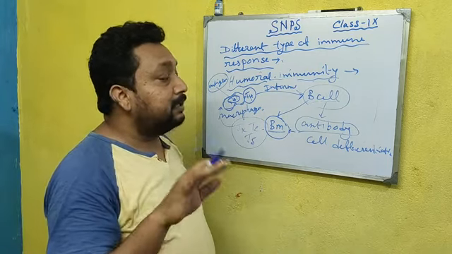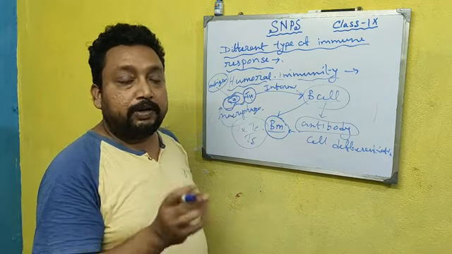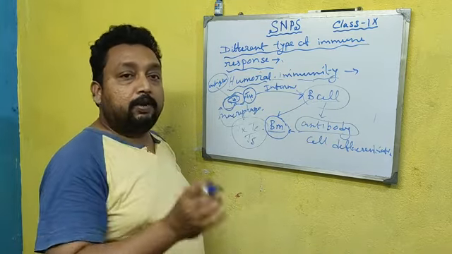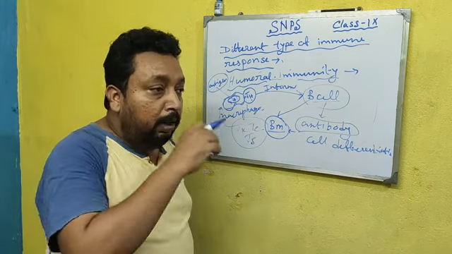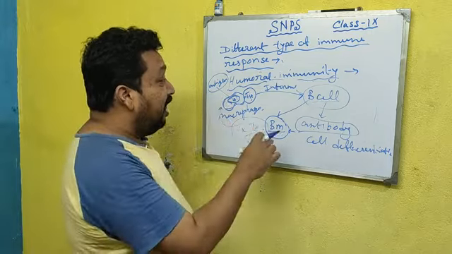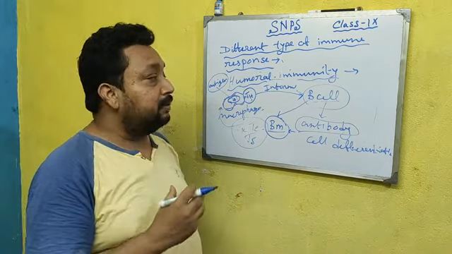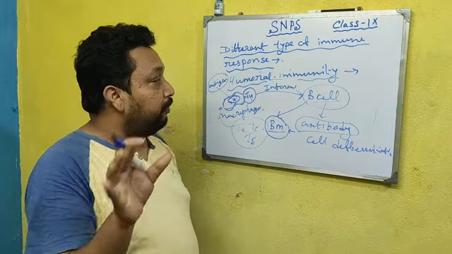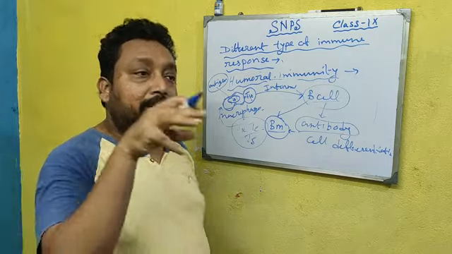So for today's class, we covered different types of immunity: humoral immunity and cellular immunity, mainly acquired immunity and inborn immunity. Inborn immunity is very simple: it is how we get the immune response at birth. What is acquired immunity?